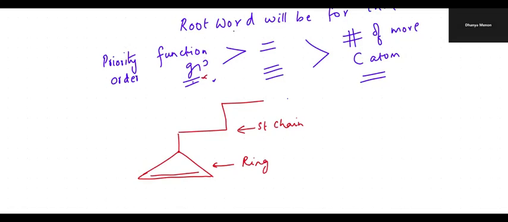Go for double bond or triple bond. Here there's a double bond, so this will become our root word, and this will become our substituent. Go with the priority list.